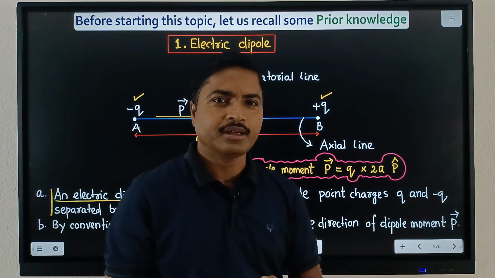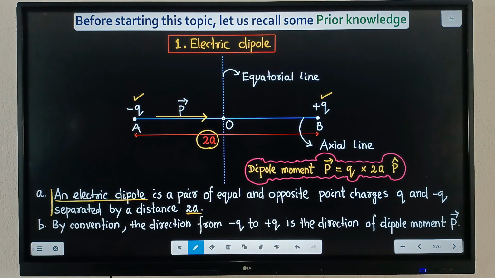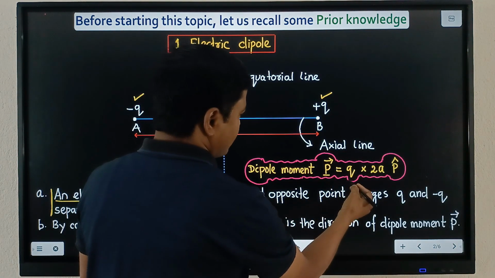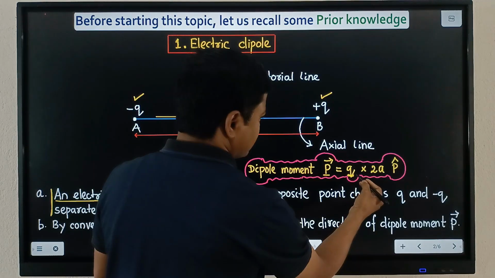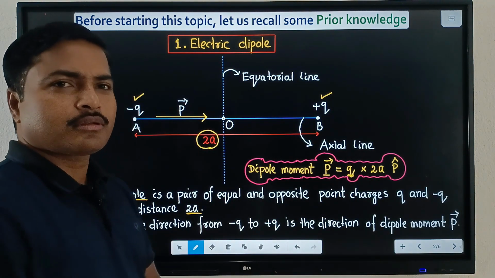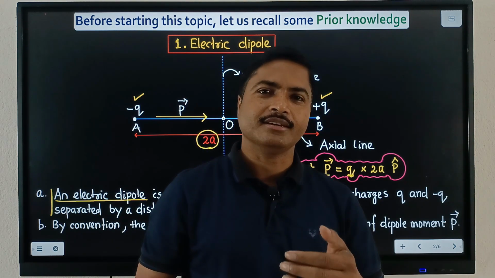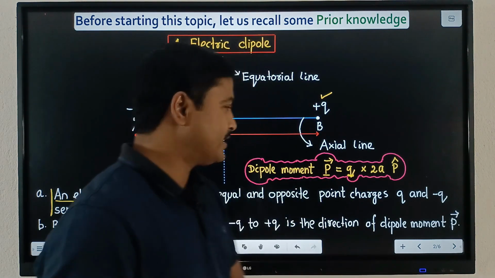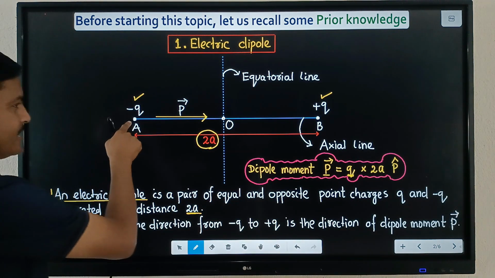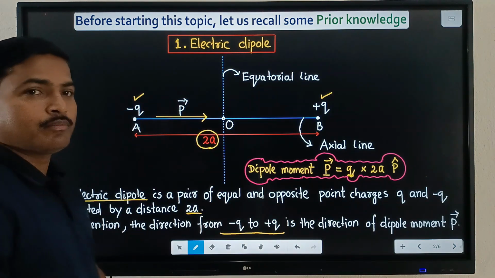And here a dipole moment is there. What is the dipole moment? Dipole moment we write symbolically as p. p is equal to the magnitude of any charge multiplied by the distance between the two charges. The dipole moment, also known as the electric dipole moment, is a vector quantity, and the direction of this electric dipole moment is always from minus q to plus q.